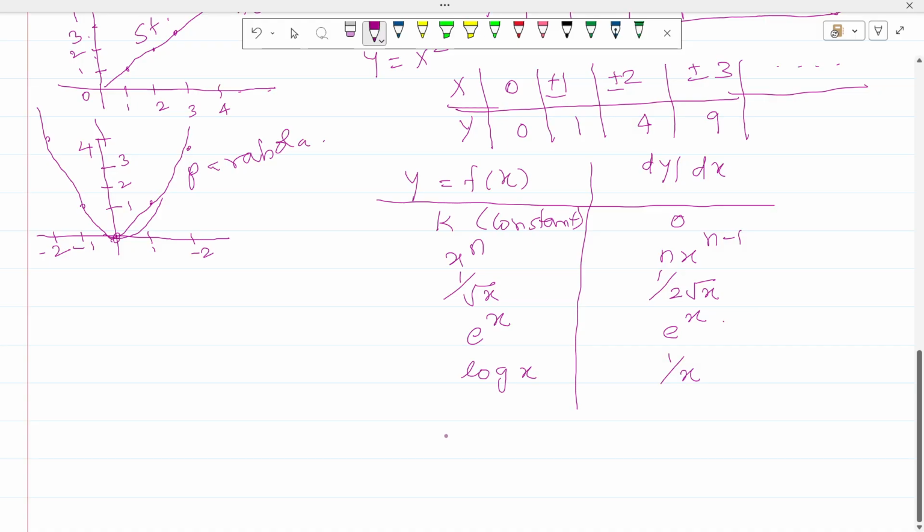Then any other general formulas are there? Sin cos tan is there. Differentiation of sin x is cos x.